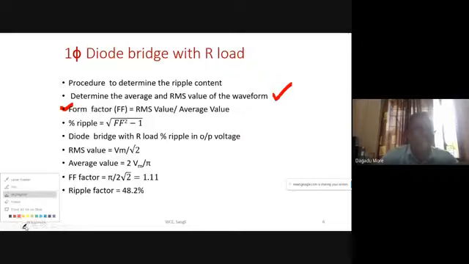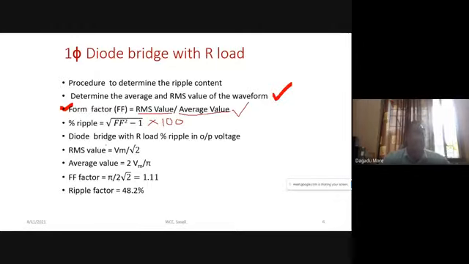Form factor is the ratio of the RMS value to the average value. Once you get the form factor, the percentage ripple will be the square root of form factor square minus 1, into 100. Here the 100 is missing. Since we want the percentage, multiply it by 100.